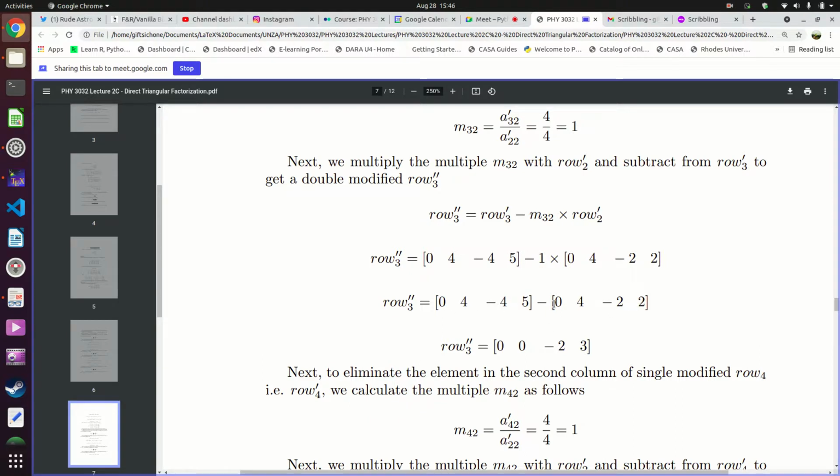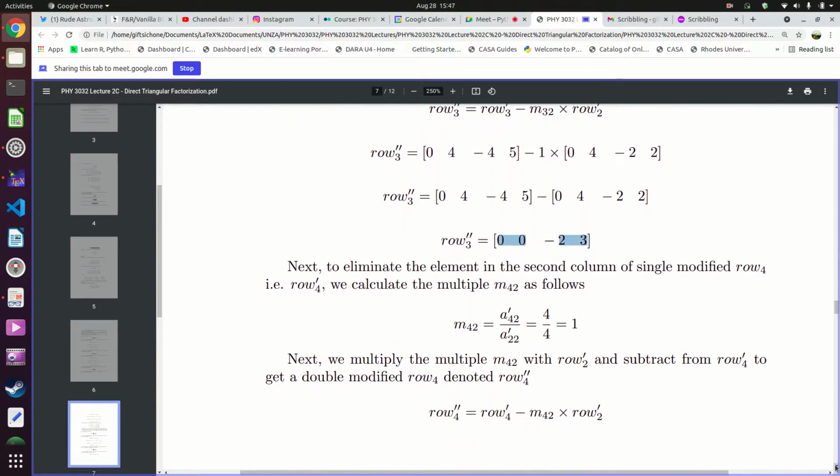So 0 minus 0 is 0, 4 minus 4 is 0, minus 4 minus minus 2 is minus 2, 5 minus 2 is 3. So up to this point I think things are okay, except in the matrix there. So this is your modified row number 3 twice.